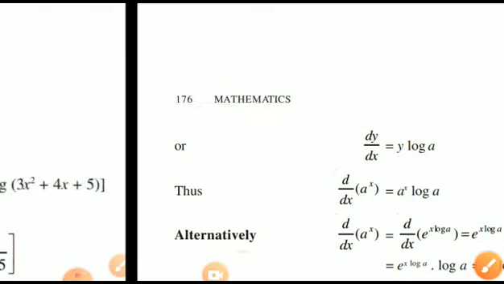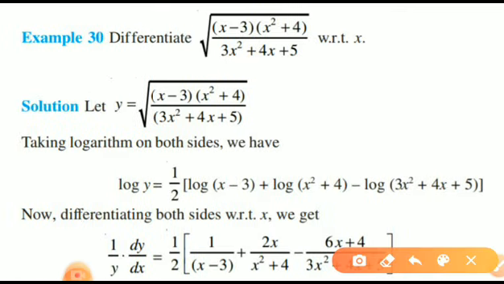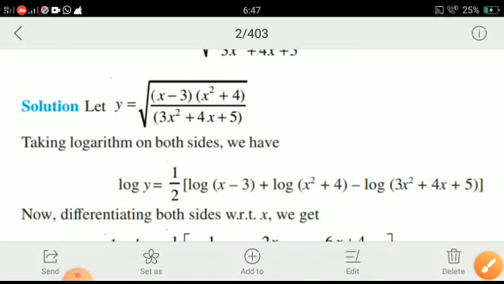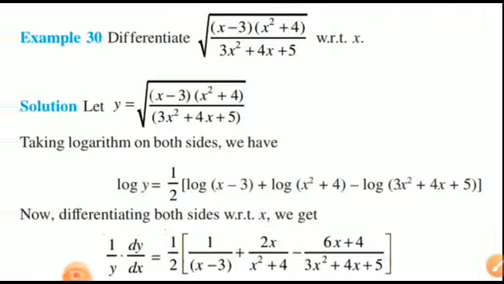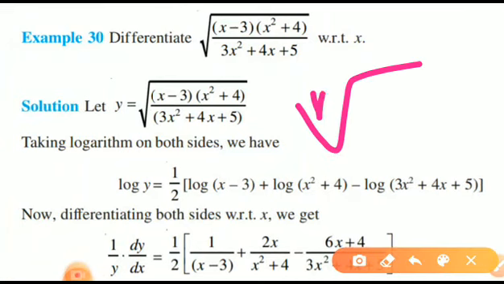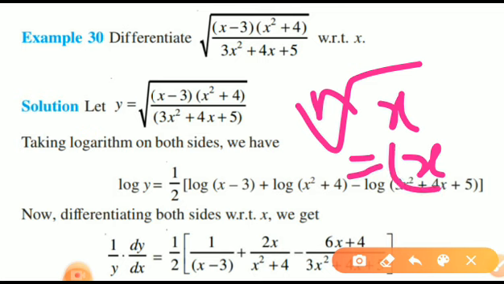Is that clear? The next type: differentiate the square root of something. It may not be a square root; it may be the nth root, the fourth root, fifth root, sixth root, whatever it is. If it is the nth root of x, how do we write it? It is x raised to 1 by n.